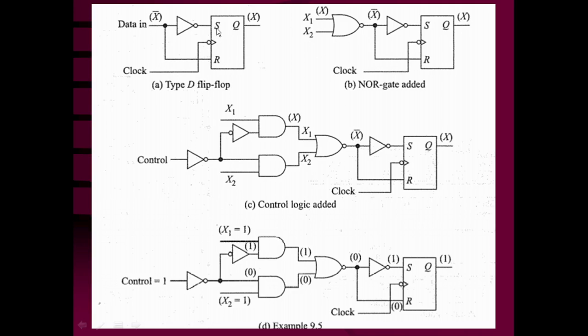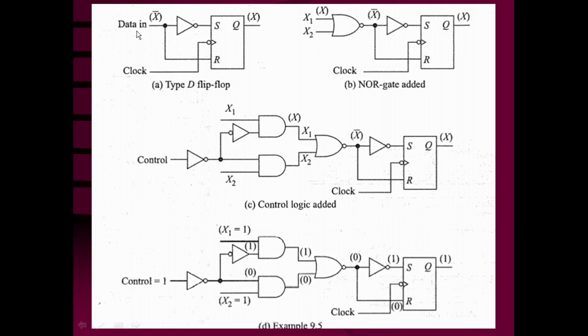You can see that this is the RS flip-flop. Data input is going to be here, and that is designated X bar. This passes through the inverter and it is available at the S input, and data input X bar is available at the R. And you can see that this clock edge circle and triangle is there. That means this flip-flop is a negative edge triggered flip-flop.